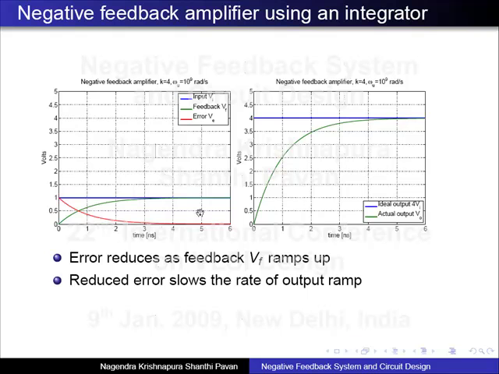And as the output ramps up, the feedback voltage also ramps up, that's the green line here, and the error starts reducing, the red line is the error. So the output ramp slows down, and finally when it reaches 4 volts, the output stops ramping up. This is again a very familiar curve from a negative feedback system, but I am just showing it in a different way.